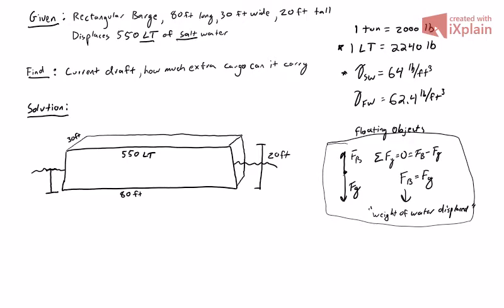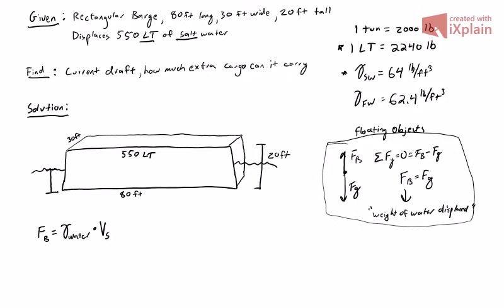Okay, so find the current draft of the barge. Anytime that we want to relate a displacement of water with some kind of dimensions on a ship, that's our clue that this is an Archimedes principle problem. So Archimedes' principle is that the force of buoyancy is equal to the specific weight of water times the volume that's displaced.